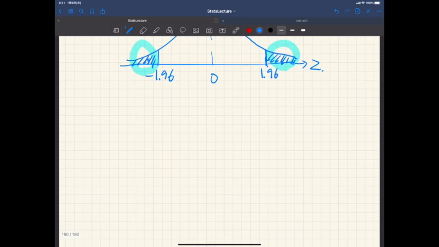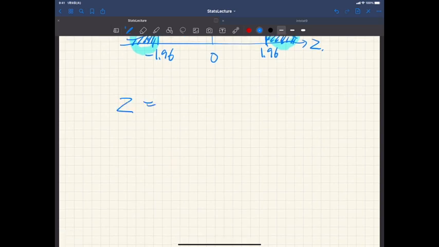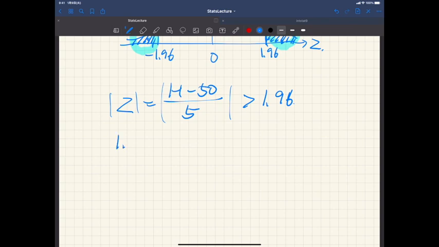Since in this case, if this is greater than 1.96, and you multiply both sides by 5, we get the absolute value of h minus 50 greater than 1.96 times 5.